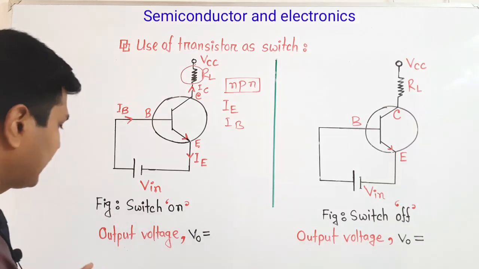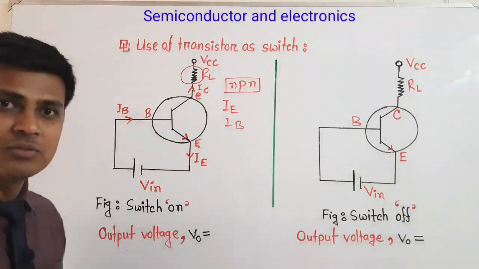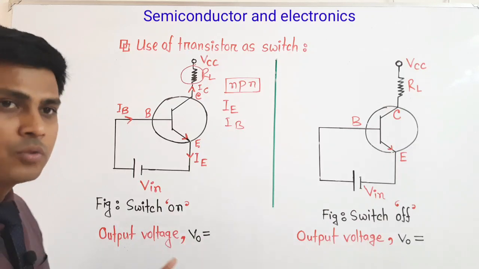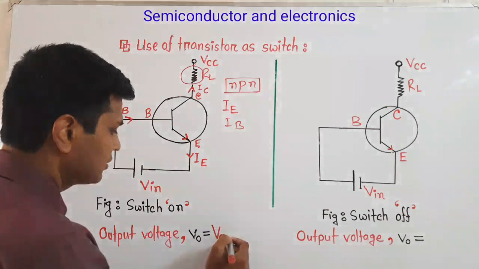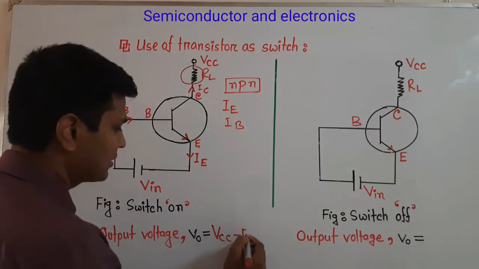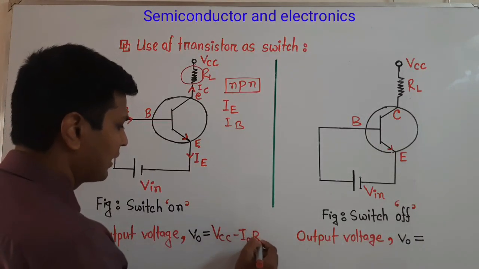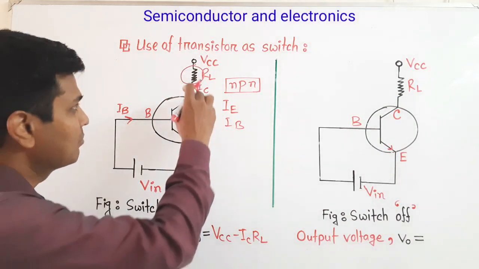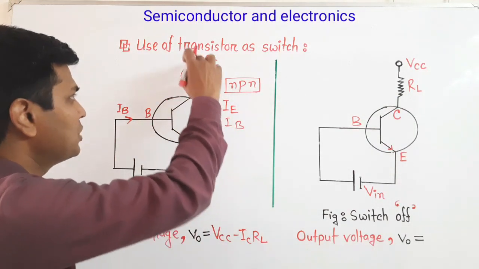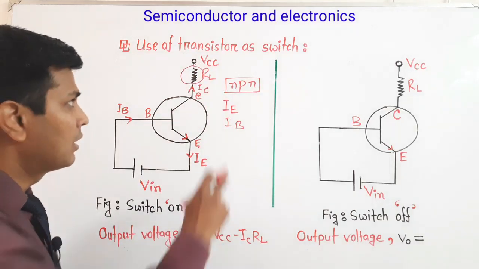So we can say in case of the switch on condition of the transistor, the output voltage will be V0 equal to VCC minus ICRL, because this is the voltage between the two ends of the load.